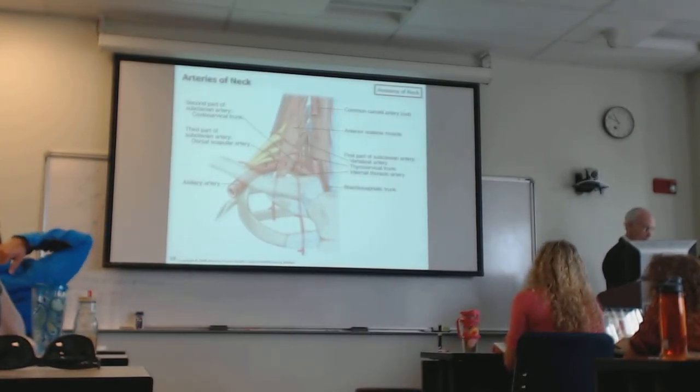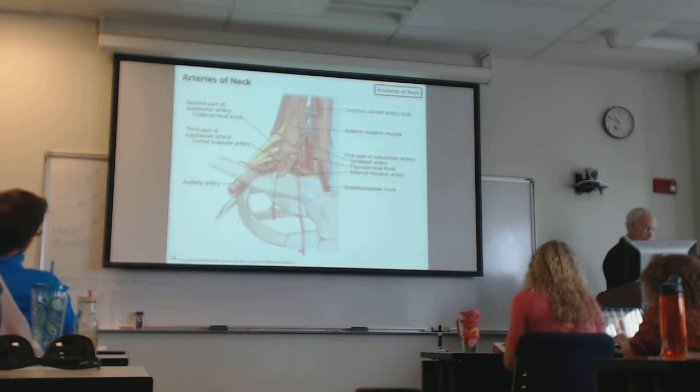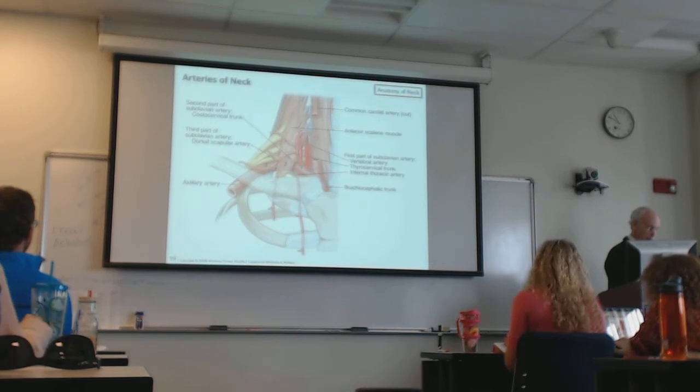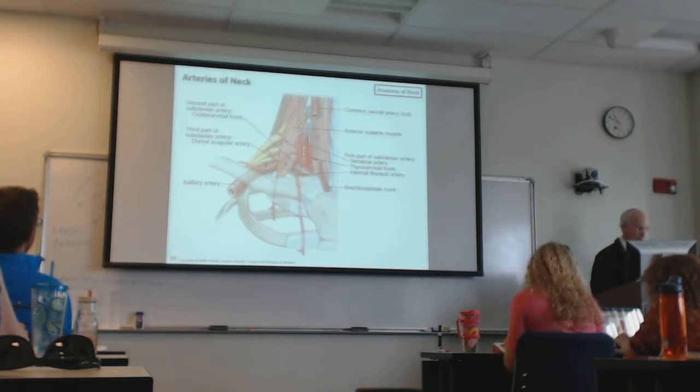Notice that you have the vertebral artery coming directly off the subclavian. We've already talked about the importance of that. You have the thyrocervical, which goes both directions to perfuse the thyroid. And then this is another large artery we'll come back to later, coming off this proximal subclavian: the internal thoracic artery.